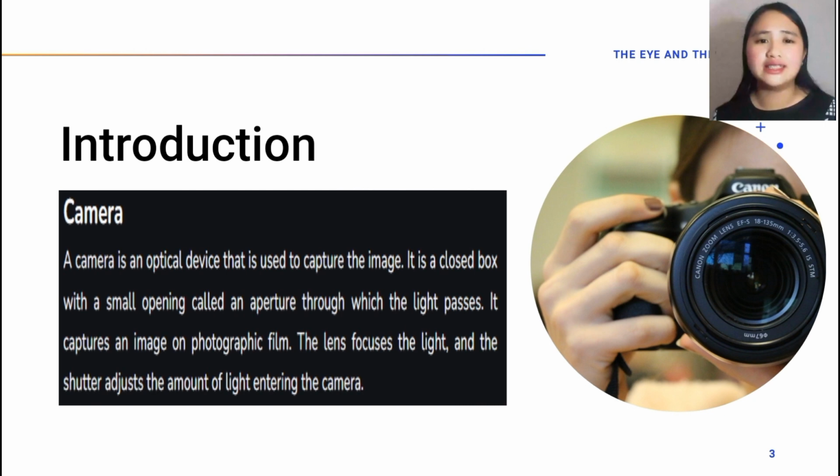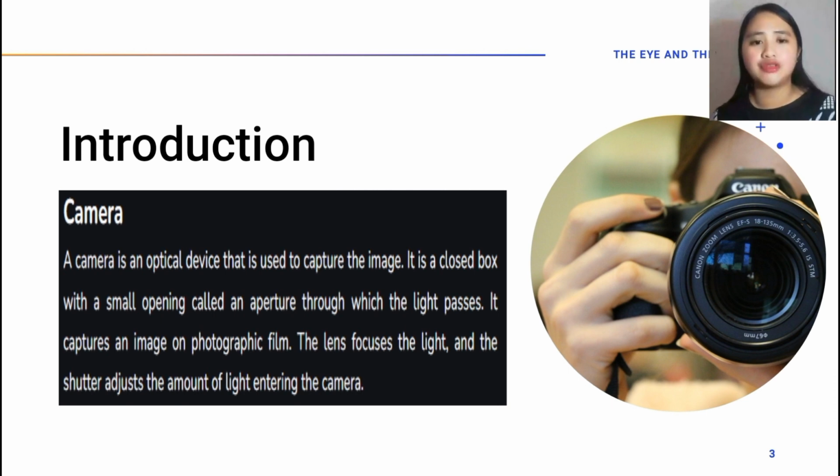Why does a camera need a lens? A camera needs a lens to focus light and form a sharp image on the photosensitive surface, which could be a digital sensor or film. The lens plays a crucial role in bending and directing incoming light rays, allowing the camera to create a clear and focused representation of the scene being captured.